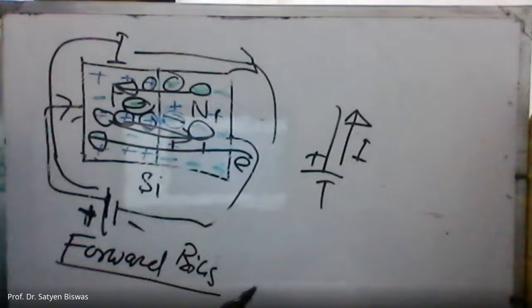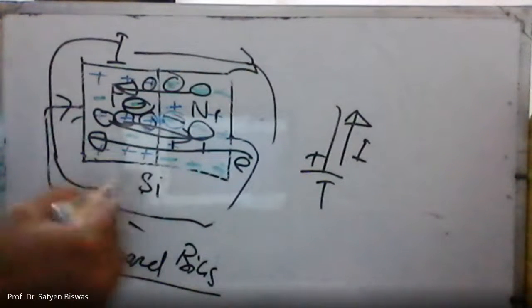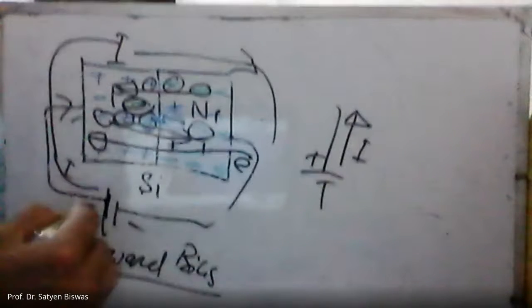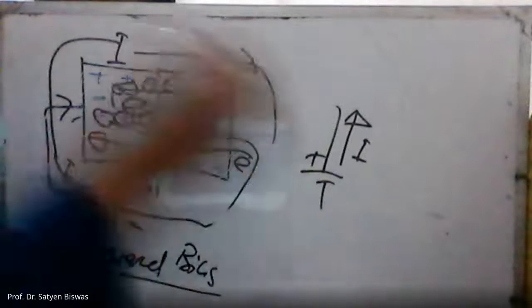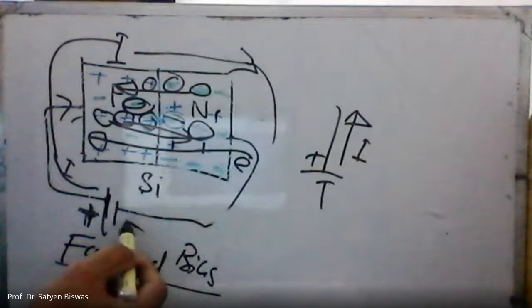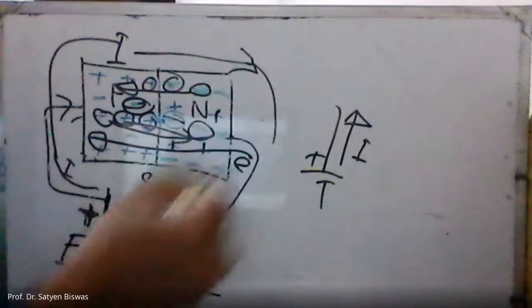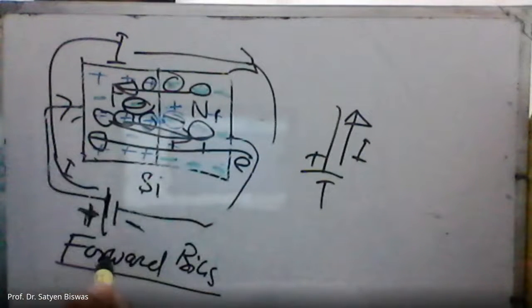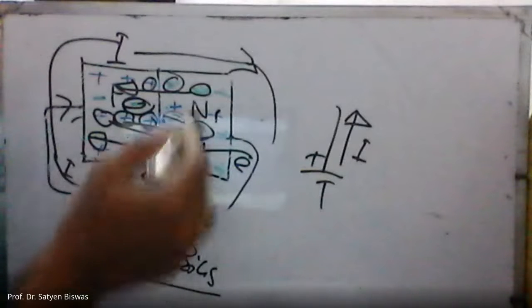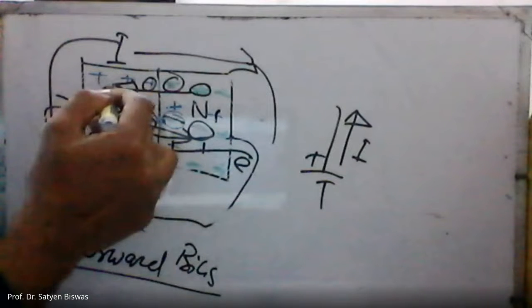The current goes from positive to negative, and the electrons move from negative to positive.